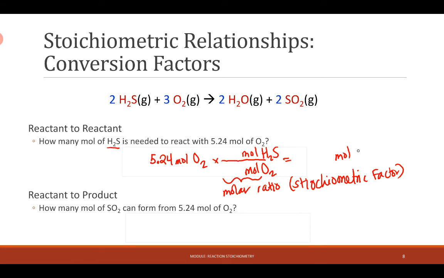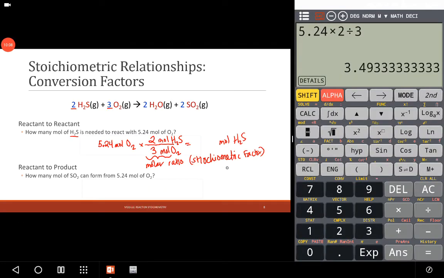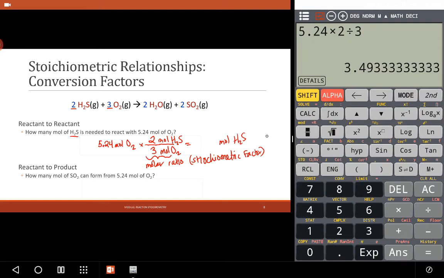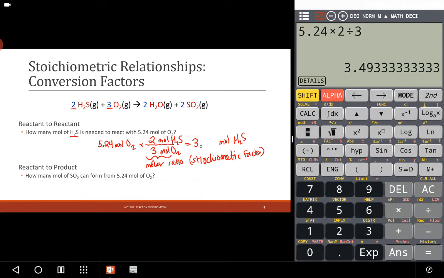The 3 is attached to the O2, the 2 is attached to the H2S. So we do 5.24 times 2 divided by 3, which is 3.49 moles of H2S.